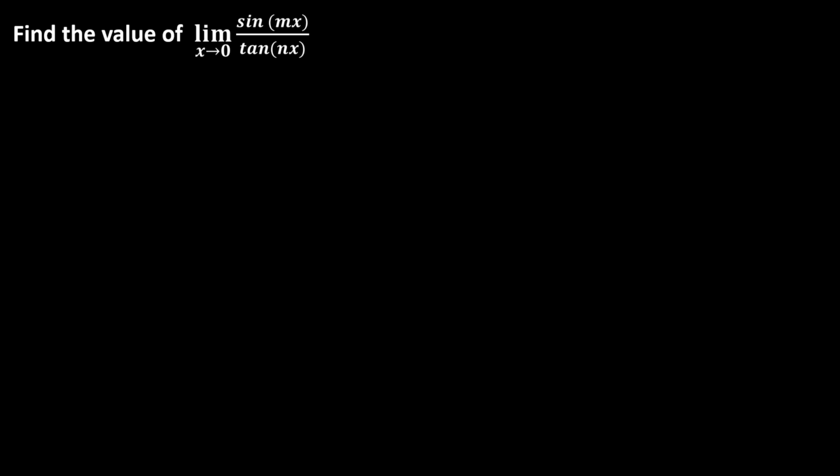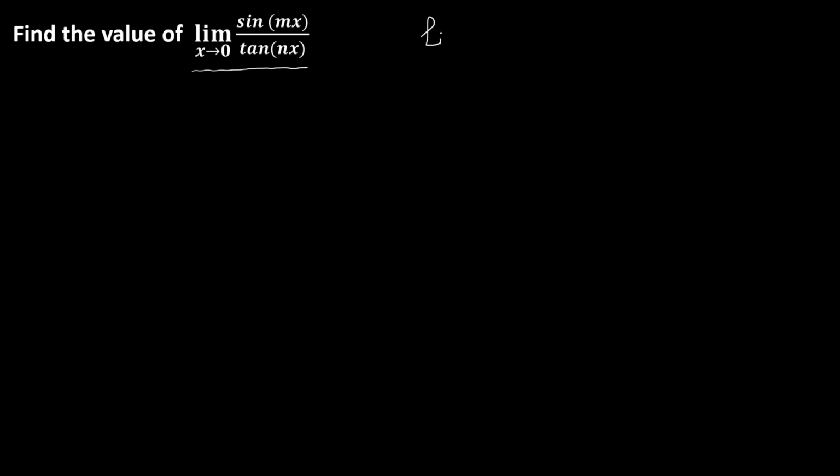Okay, so let's look at a few more examples so that we clearly understand how to apply the formulas that we did in previous slides as well as the steps we learned. In this one, it says find the value of limit x tending to 0 of sine mx over tan nx.